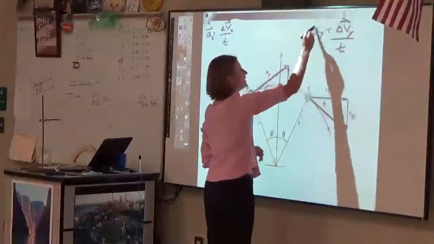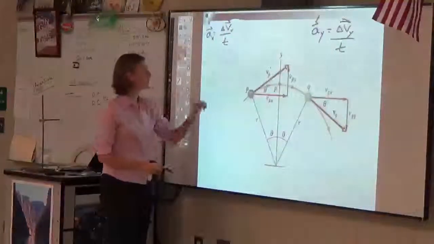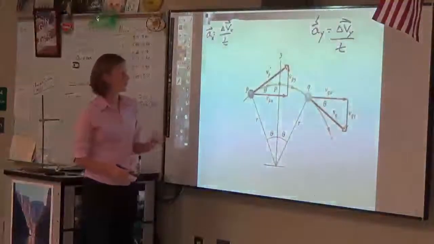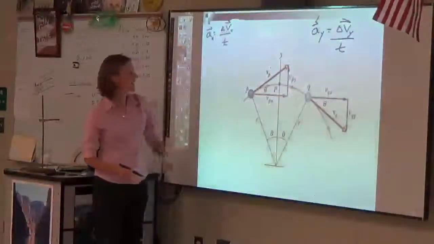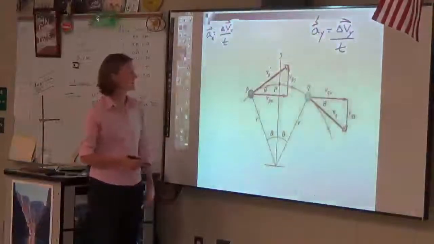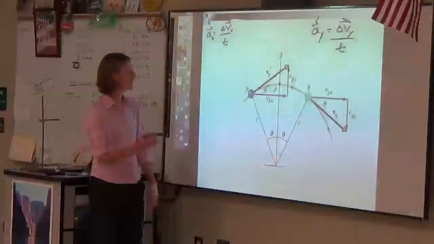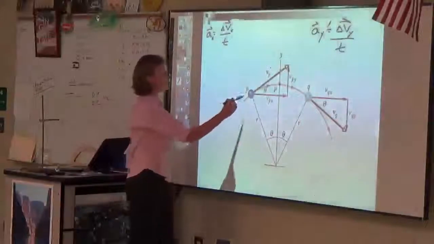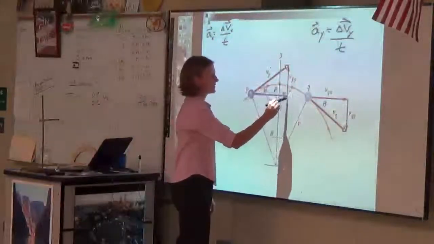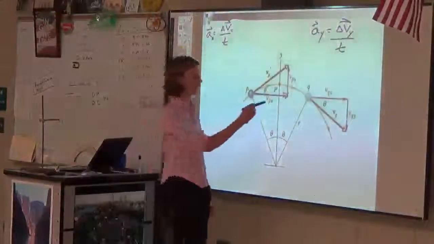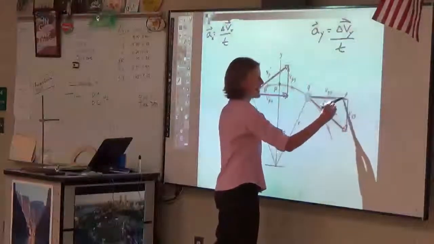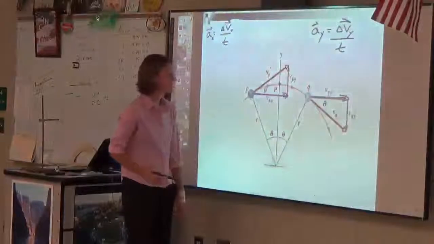Okay, so I know I need these formulas. Let's start with the x direction. That'll be a little quicker for us. I want to do change in my x velocity over time. Well, what is my x? Yeah, they're the same, right? Even though this one's VQ, the magnitude was originally the same.